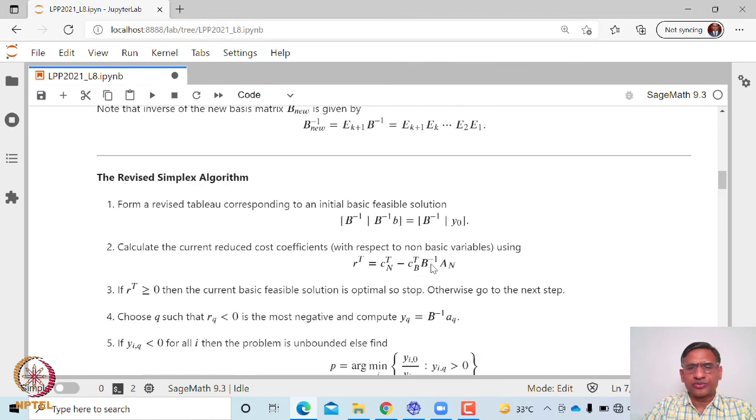If you look at the reduced cost coefficient, then this CB transpose B inverse is denoted by Y in Sage math.